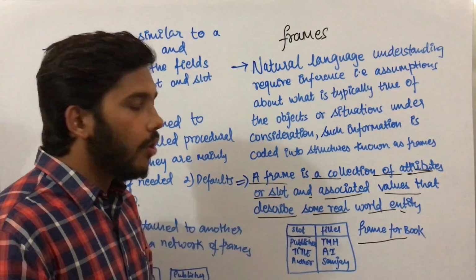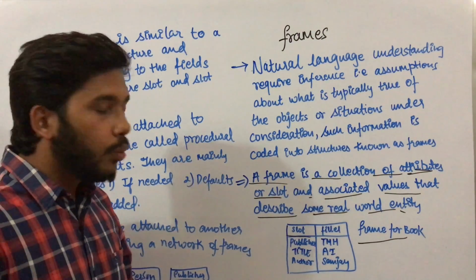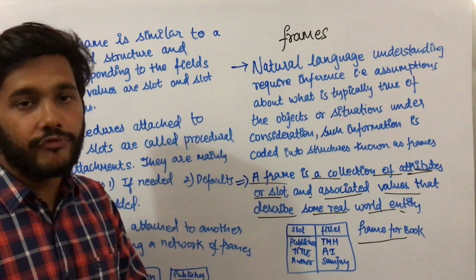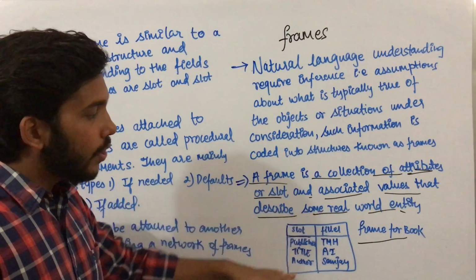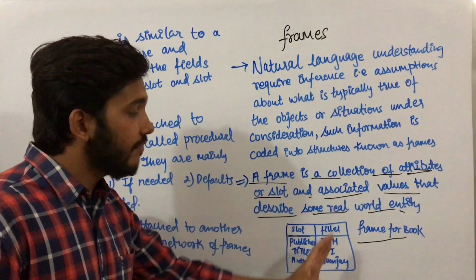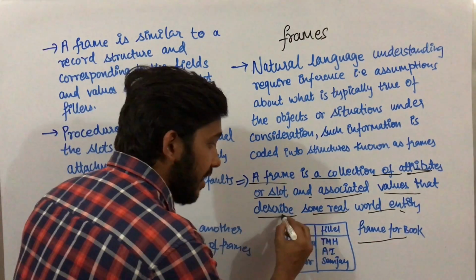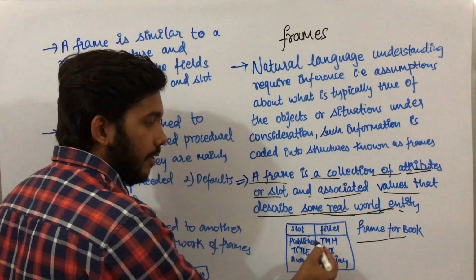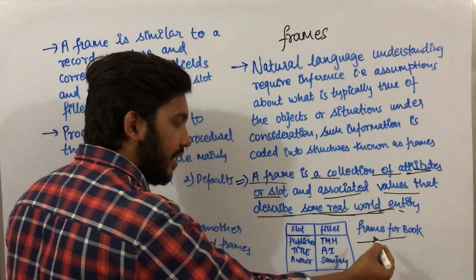This frame can have more values, like the number of pages, the year, and the edition of the book. So a book can have different slots, and these slots will have different fillers, and these fillers will describe some real world entity. Like publisher is a slot, but TMH is a real world entity.